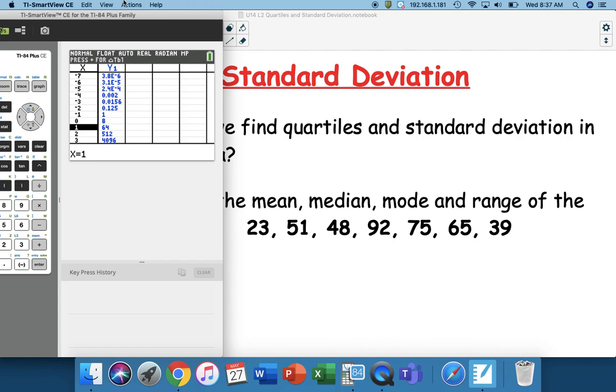The way I like to do it is I just find the lowest number, cross it out, and then put it right underneath. So 23 is the lowest number. Next lowest number that I see is 39. Next number after 39 is 48.